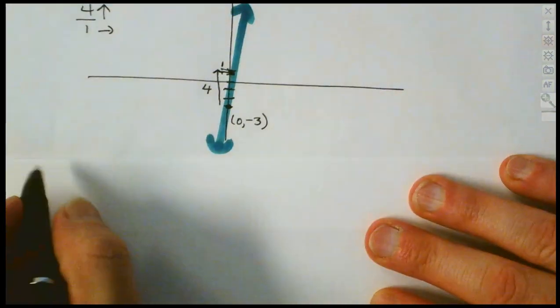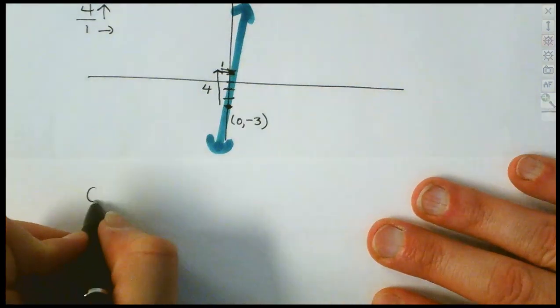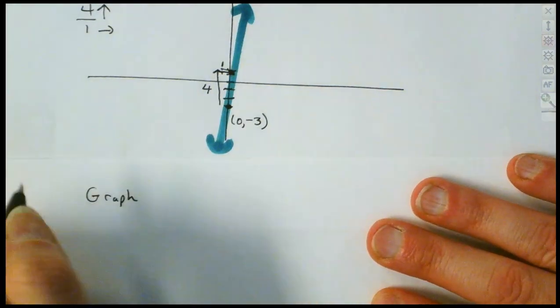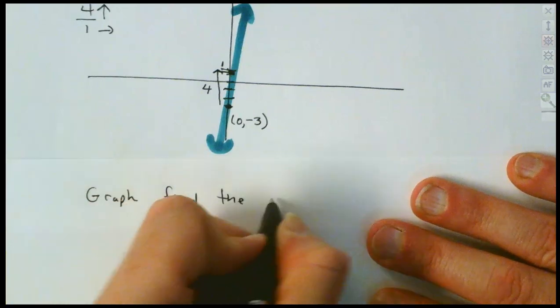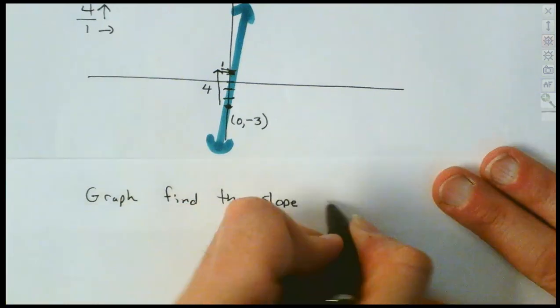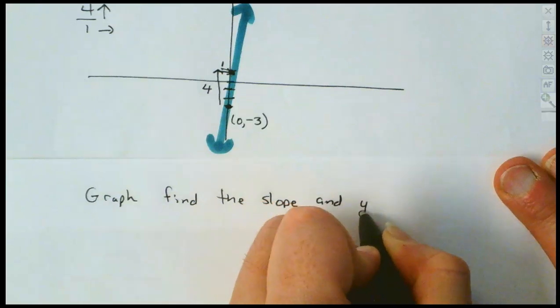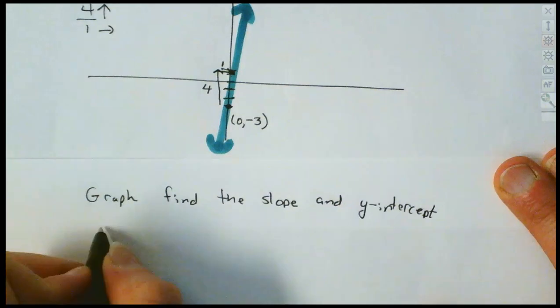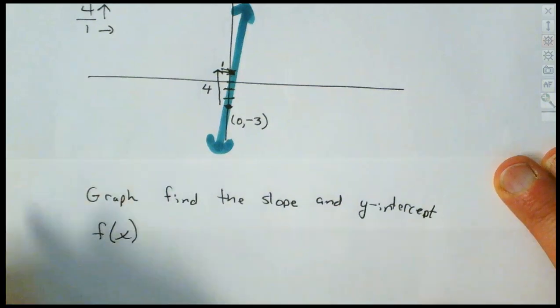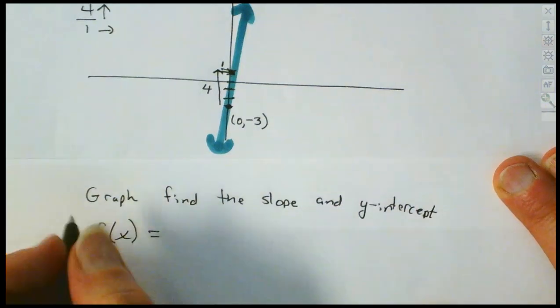So again, on this one, I want you to graph, find the slope, and the y-intercept. And let's use f of x equals 5.